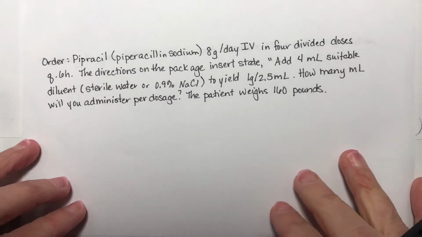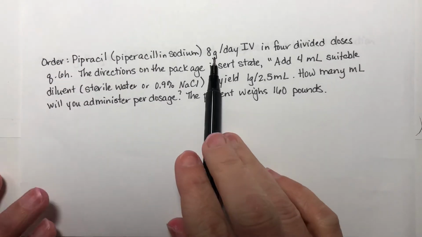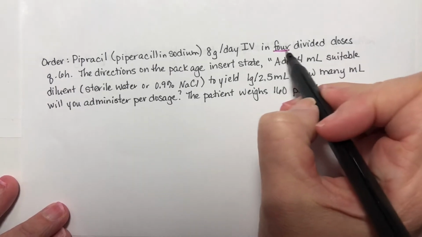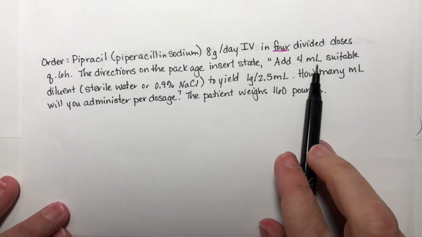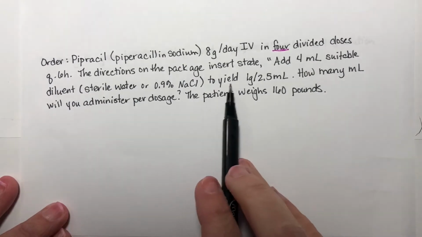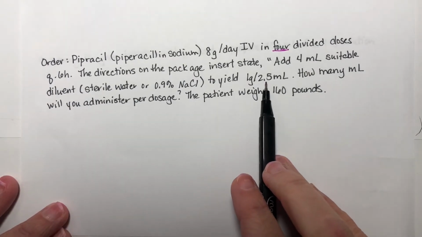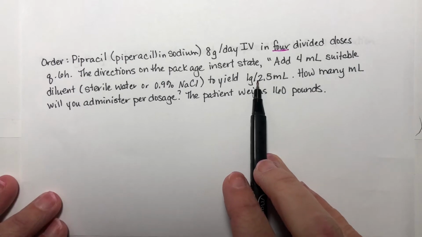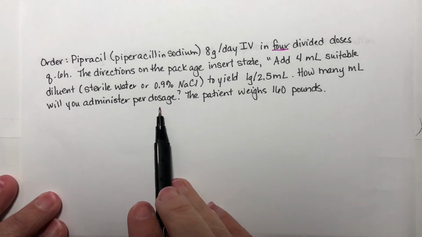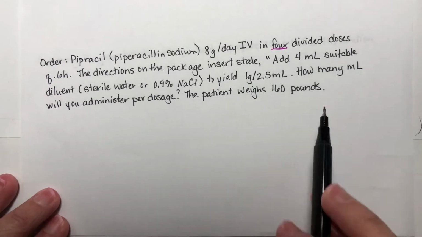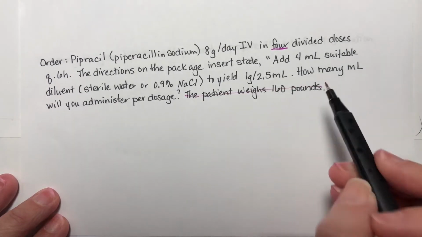Next problem. We have an order for 8 grams divided in 4 doses. The directions on the package state, add 4 milliliters to suitable diluent to yield 1 gram per 2.5 milliliters. How many milliliters will you administer per dosage? The patient weighs 160 pounds. Well, it turns out this is extra information.